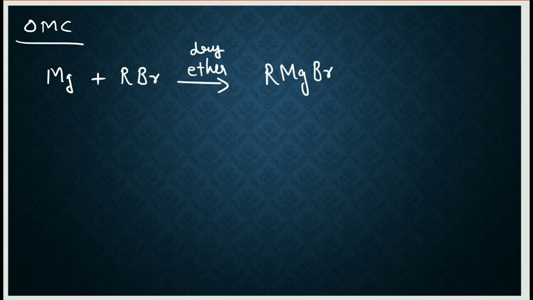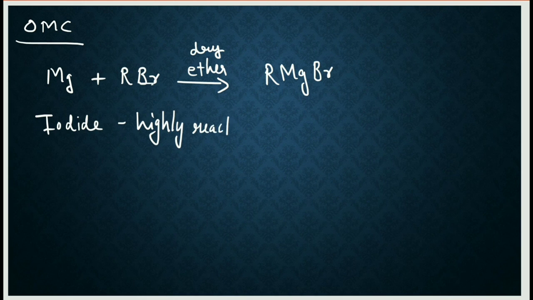And one important point is iodides are most reactive. Instead of bromine, if iodide is there, it is highly reactive. And chlorine is least reactive. And if R is alkyl, then it is more reactive than aryl.